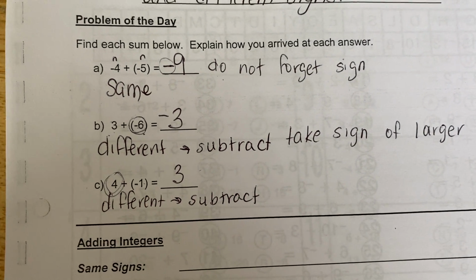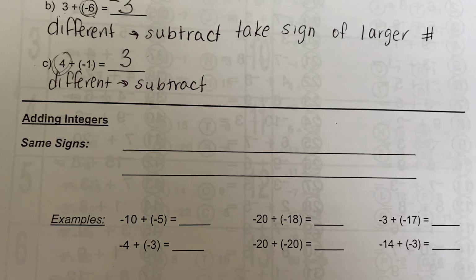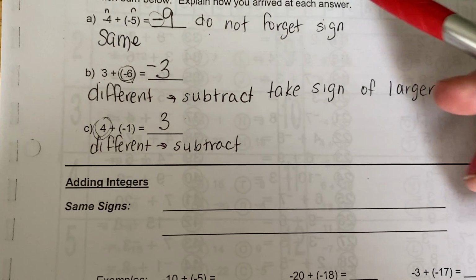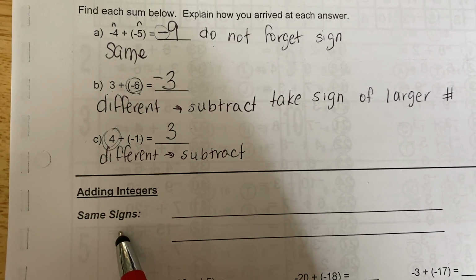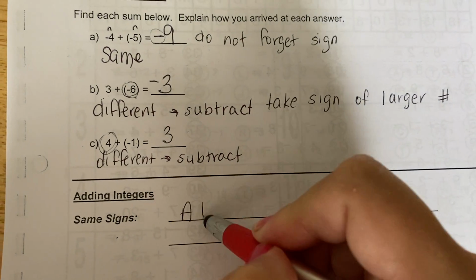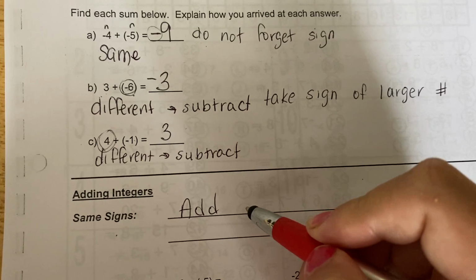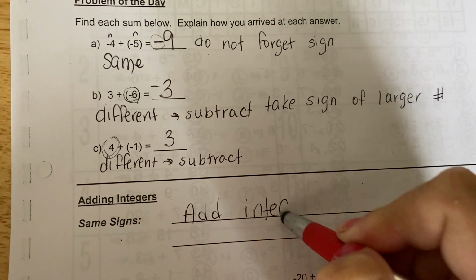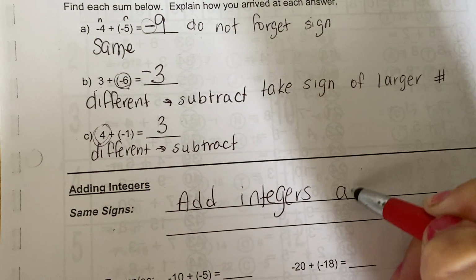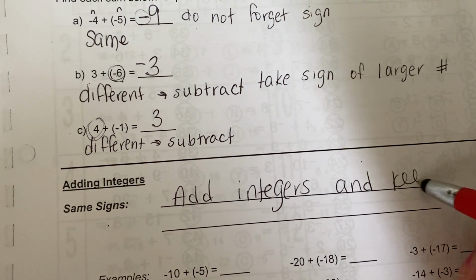Okay, so let's talk about the rule again. Same signs. Look at the example above. Same signs, you add the integers and keep sign.